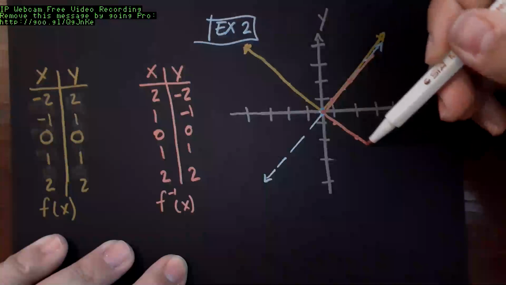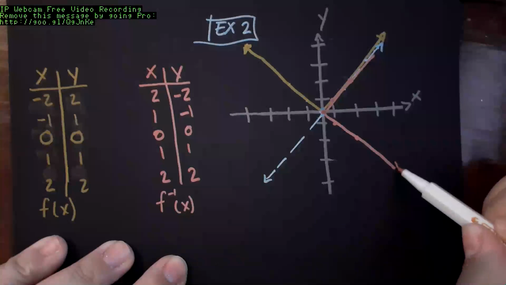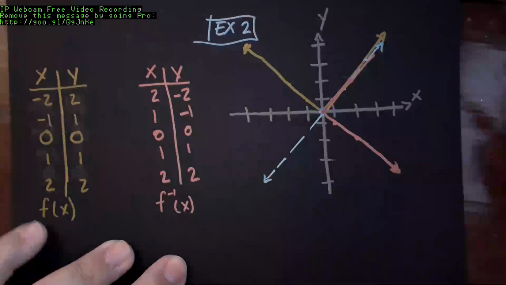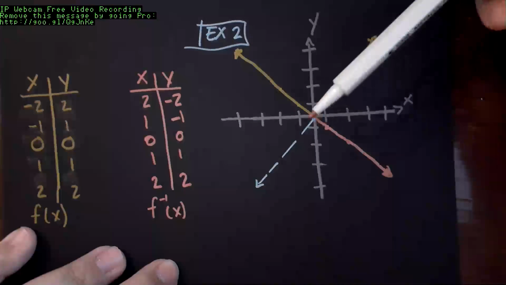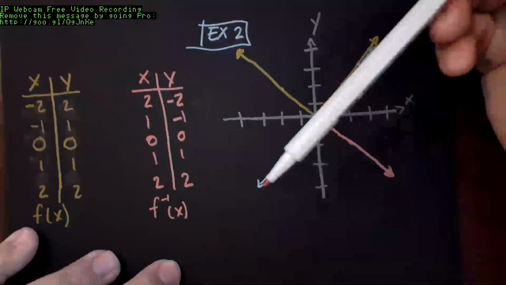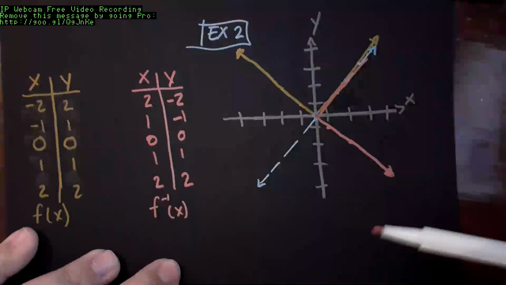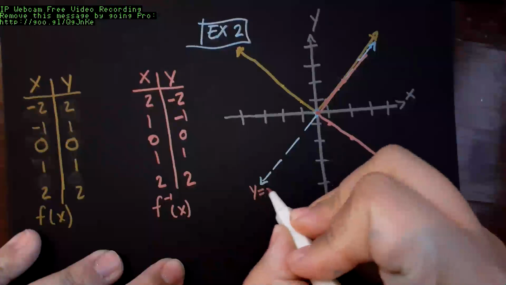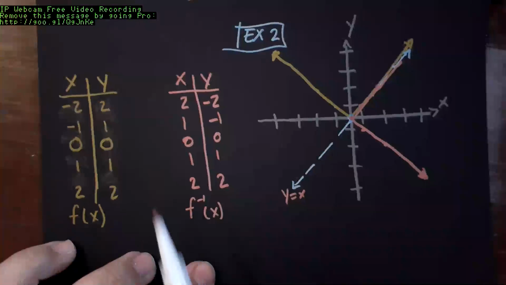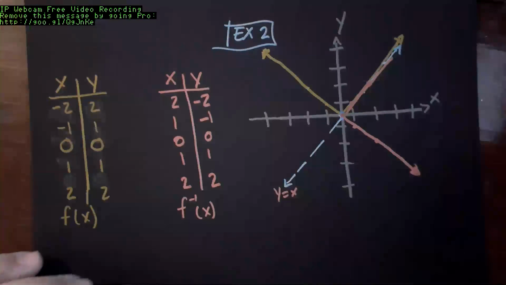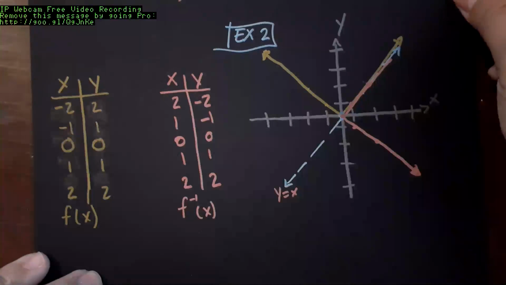And yep, sure enough, it's reflecting over here into the fourth quadrant. So our graph is reflecting over the line, so we found the inverse using y equals x, and we found our inverse using a table. So that is how you find an inverse.